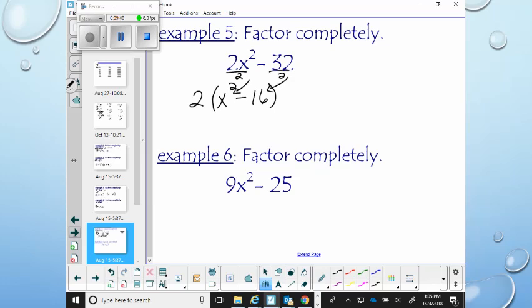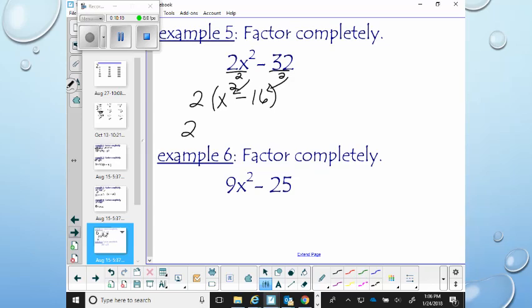Now, is x squared minus 16 a difference of squares? Yep. Factor it. If we factor this, don't forget about that 2.